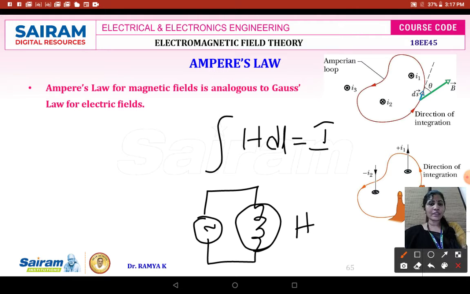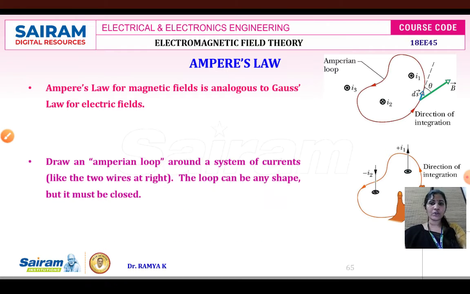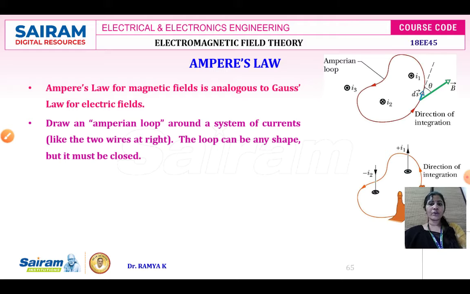When you connect it, there will be a current flow through the inductor, and the amount of magnetic field energized in this coil is proportional to the current flowing through the coil. Therefore we can say the integral over the closed line of H dot dl is equal to current I. It is Ampere's law. Now we are going to draw the Amperean loop to explain Ampere's law.